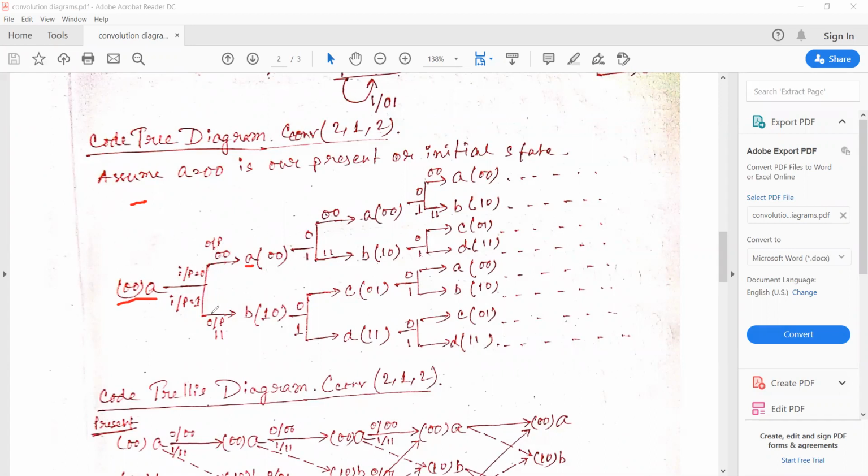When the input is 1, always remember that the upper arrow is used for input 0, and the downward arrow is used for input 1, and the corresponding output will be written above the arrow.